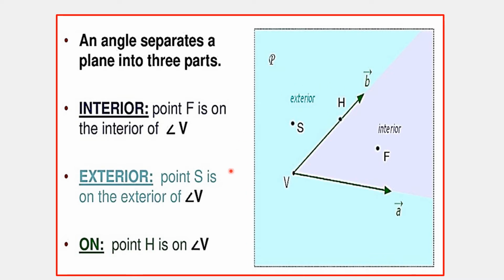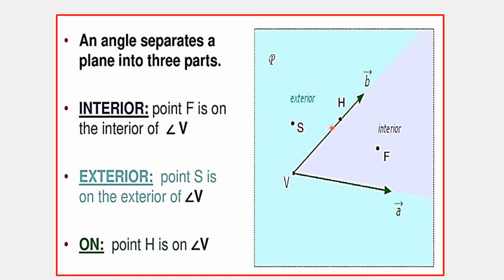The outside part, shown in light blue, is the exterior, and the points which are on the angle are on the angle. So an angle separates the plane into three parts: interior, exterior and on.